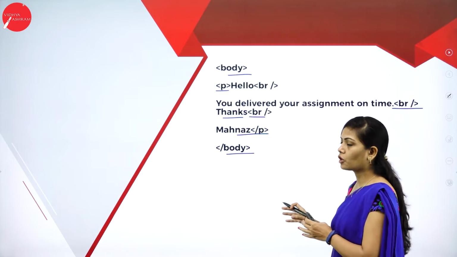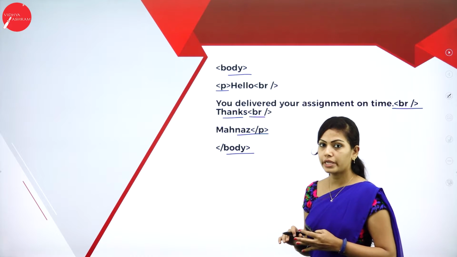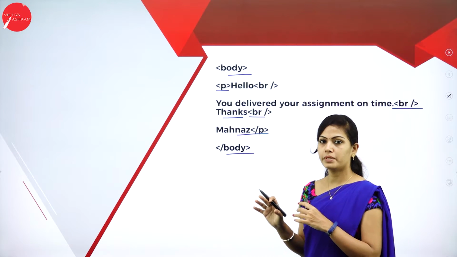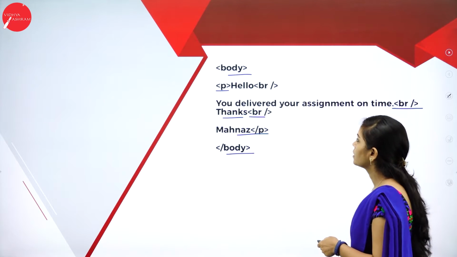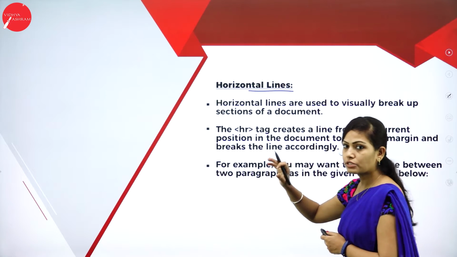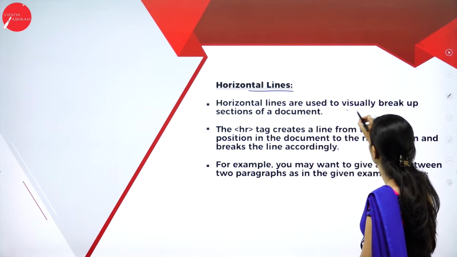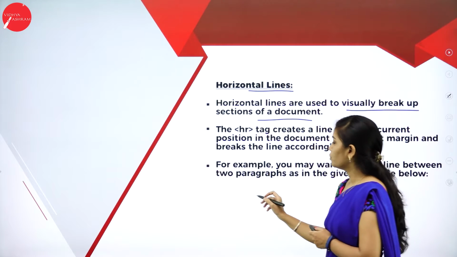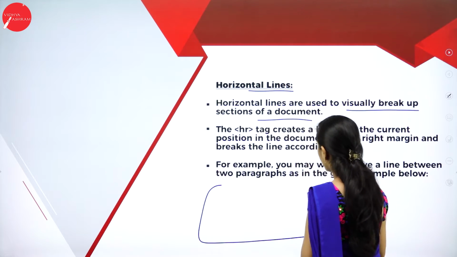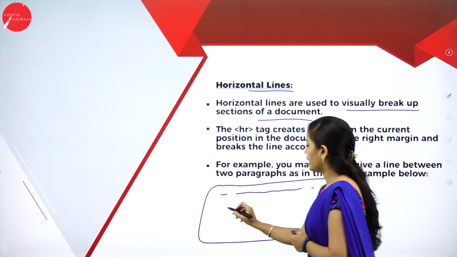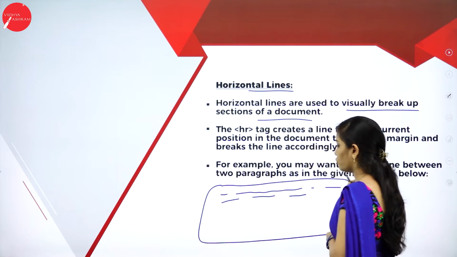So very simple concept. Tags are very important. The opening tag and closing tag should be proper in HTML. And next is horizontal lines. Horizontal lines are used to visually break up sections of a document. Example, here I have written one paragraph and again have written one more paragraph.